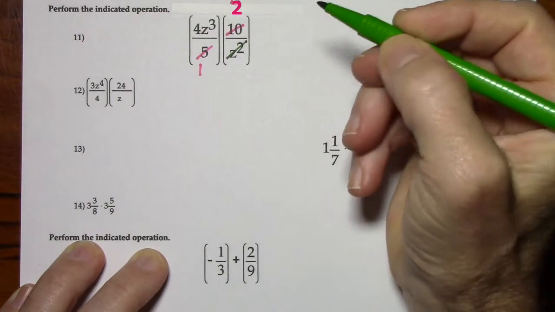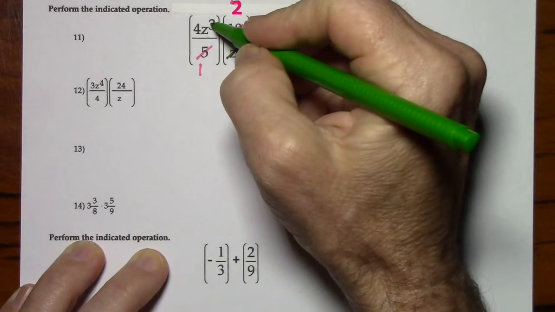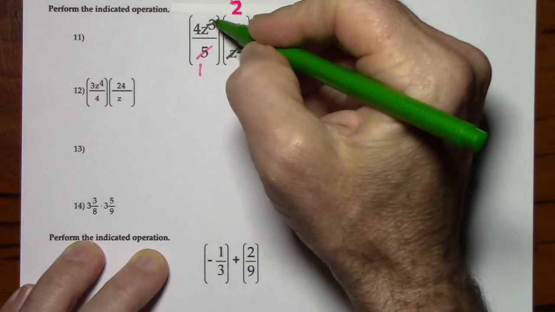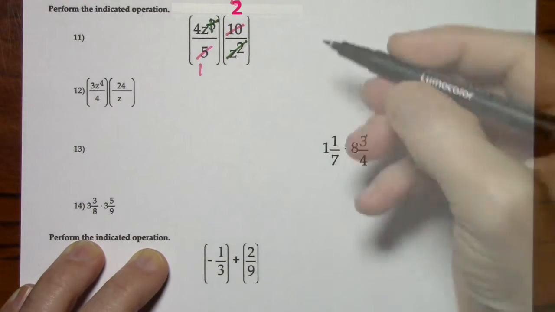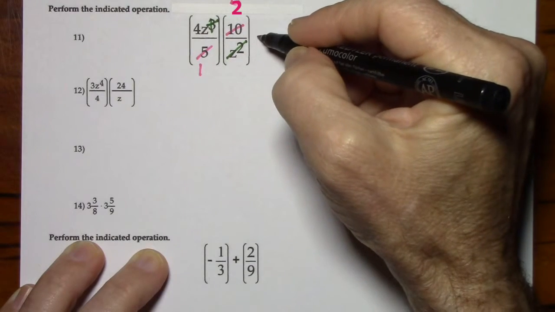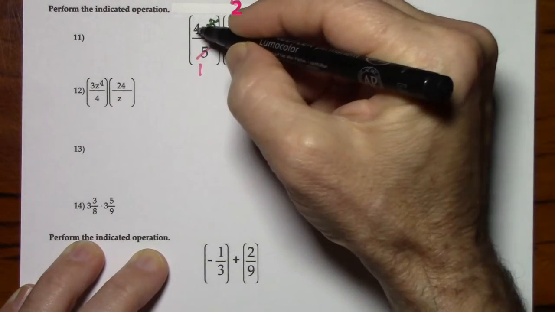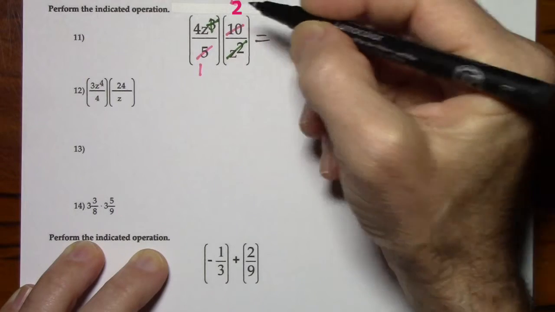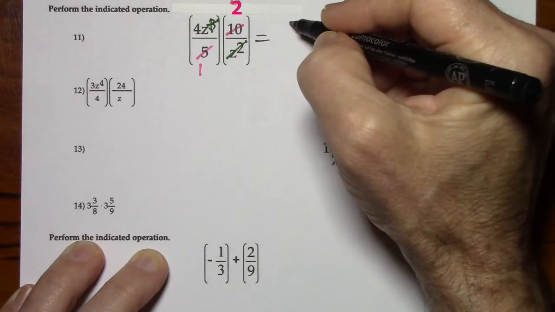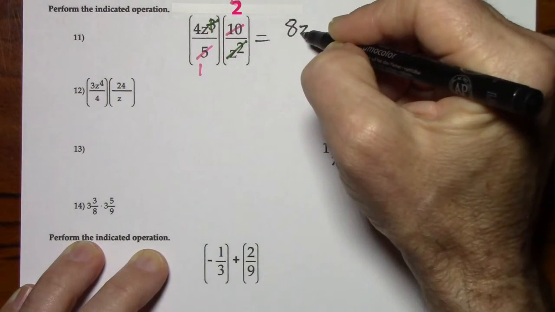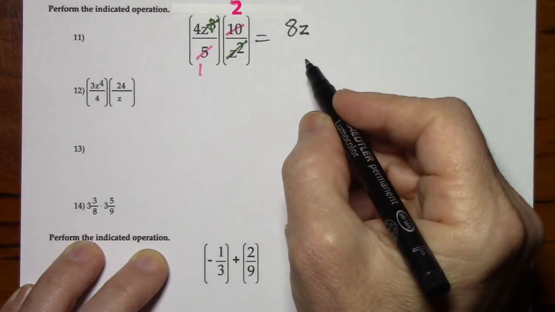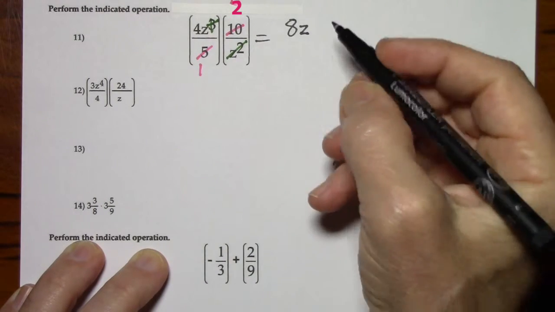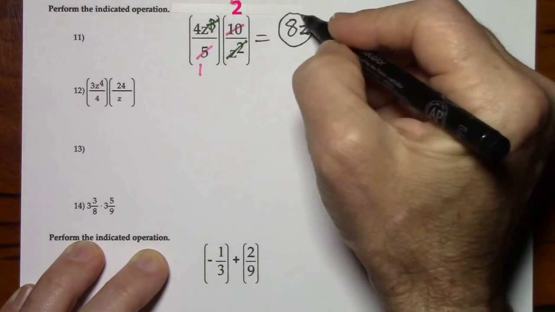So cancel out z squared, subtract 2 from 3, and you're left with a 1. We multiply straight across. 4z times 2 leaves us with 8z, and 1 times 1 leaves us with 1, so it's 8z over 1. I'm just going to leave it as 8z.